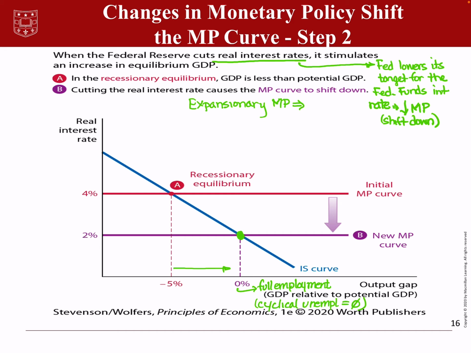is that this action of reducing the target for the Fed funds rate results in a higher level of real GDP, or an expansion. So the adjective expansionary is going to refer to what happens to real GDP.